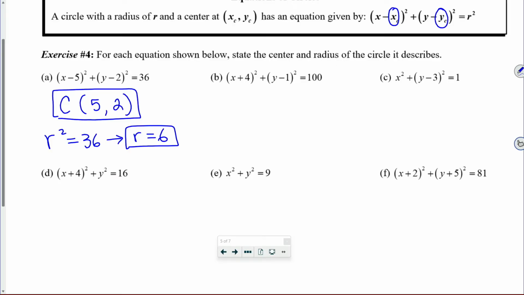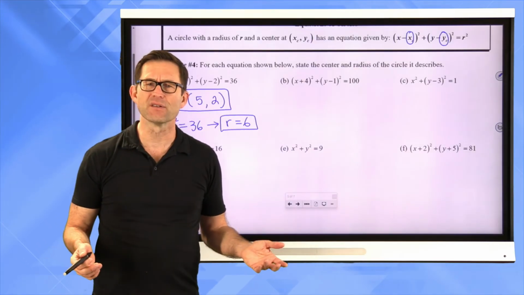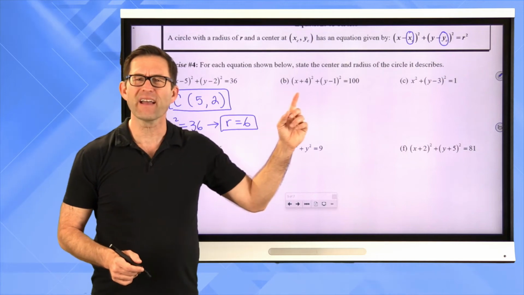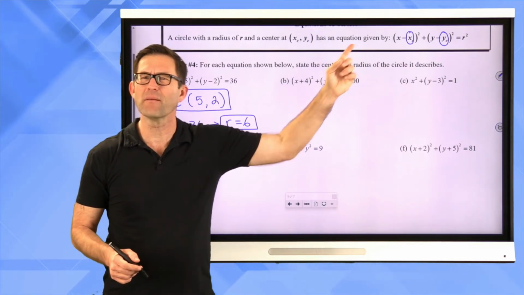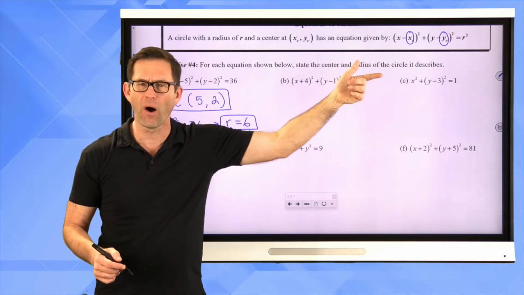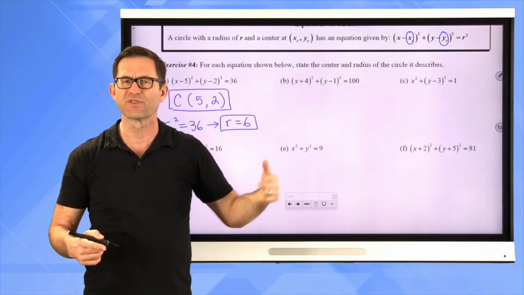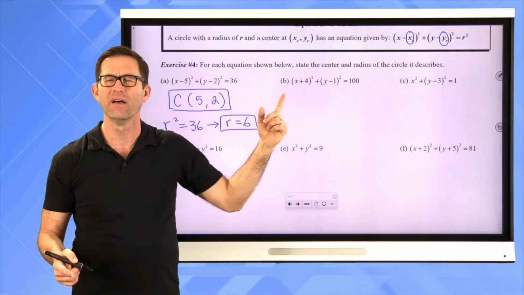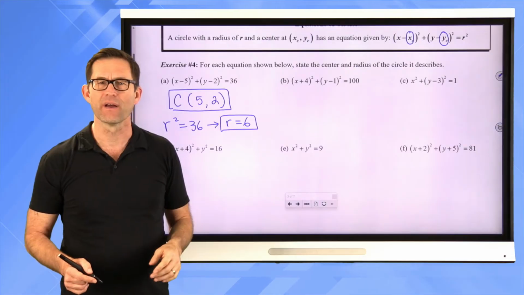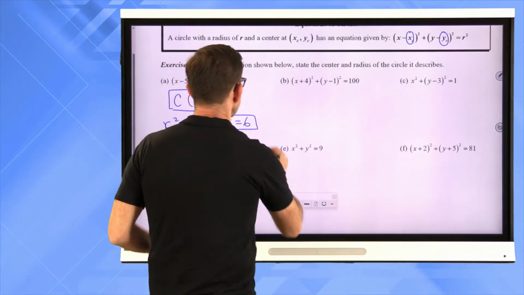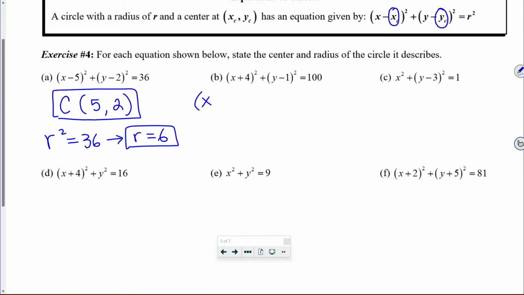Now let's take a look at letter B. x plus 4 squared plus y minus 1 squared is equal to 100. This gets a little confusing. Here I've got x plus 4 squared, but I need to be subtracting off the center of the circle, not adding it on. So what do I do if there's an addition there? Well, keep in mind that x plus 4 can be thought of as x minus negative 4.